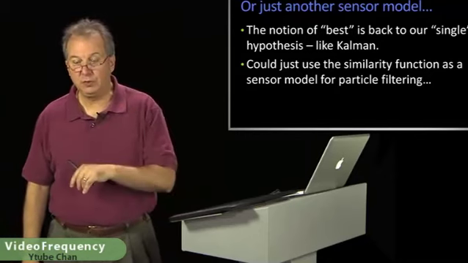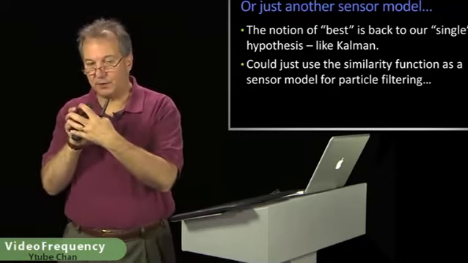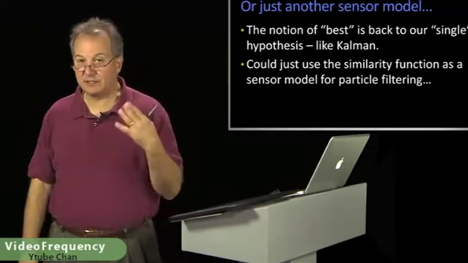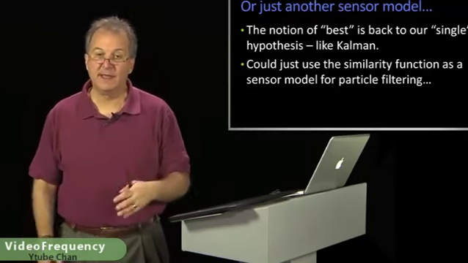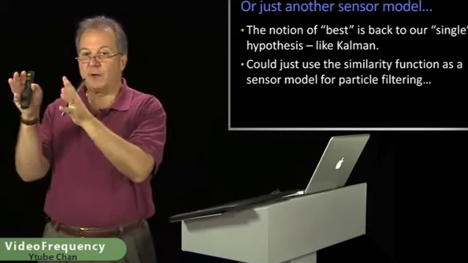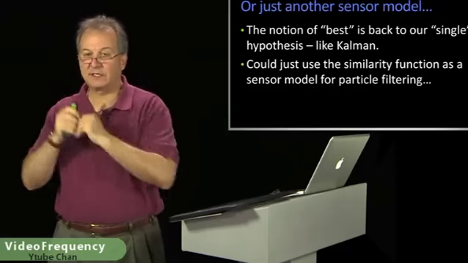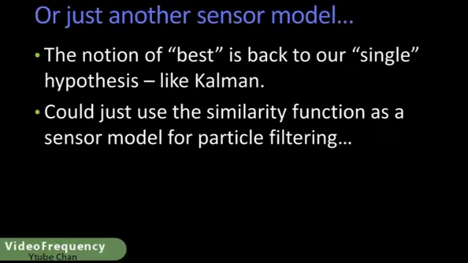We could just use this similarity function, the matching function of the color distributions, as the sensor model for particle filtering. That is, your particles spread out, and they want to say, well, what's the probability of getting this sensor measurement if that's actually my state? Well, you can simply say, it's just a measure of how close the color distribution is using that Bhattacharya distance or some other way of comparing distributions.